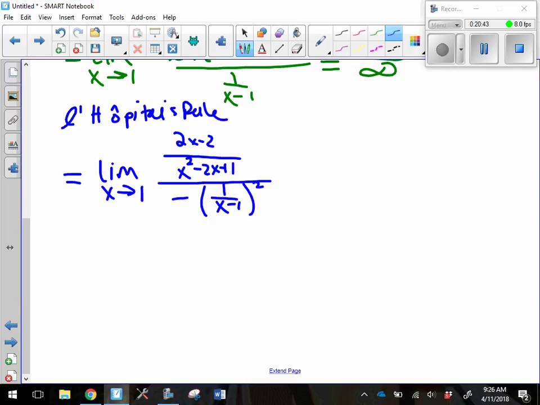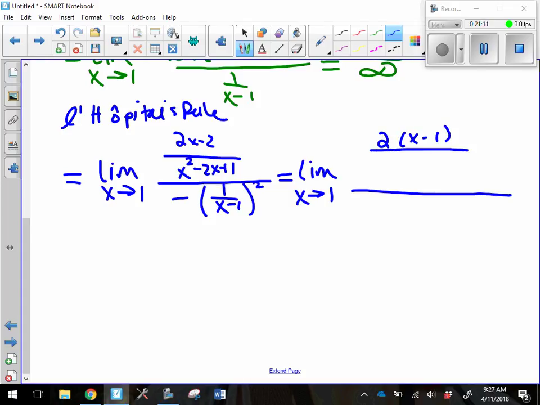Now, that should just scream algebra at you. Because again, I've come to a limit. I substitute in, and I'm getting all kinds of weird stuff, right? I'm going to get zeros everywhere. Many, many zeros. But what should immediately pop out at you is that I could take a 2 out of there, right? And I've got negative 1 over x minus 1 times x minus 1 there.